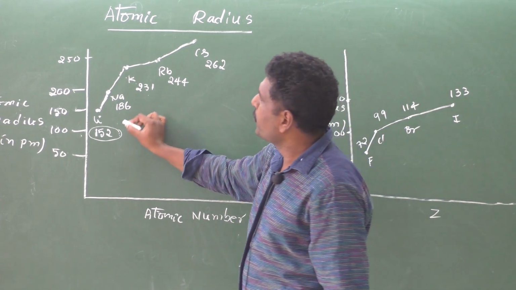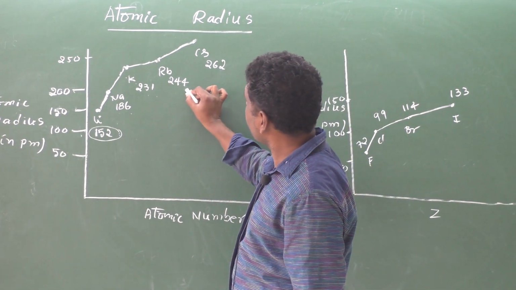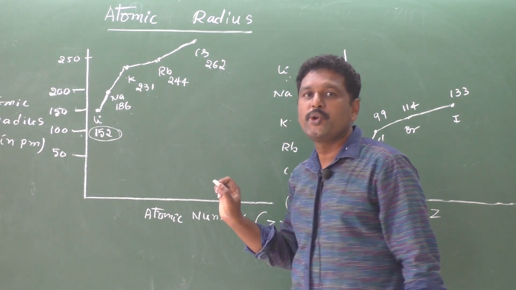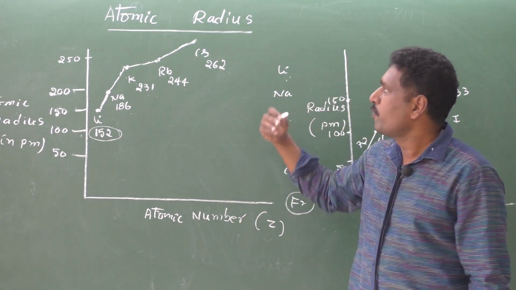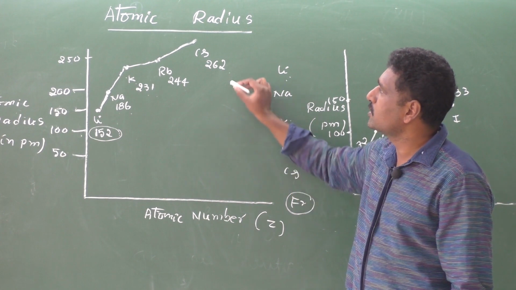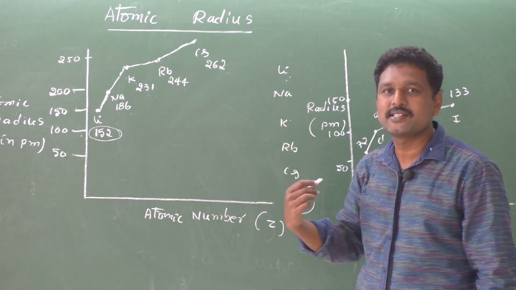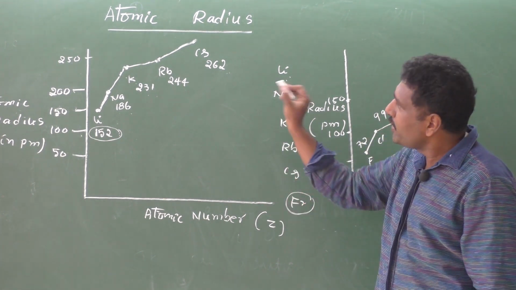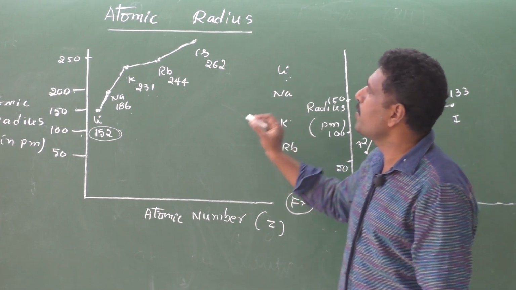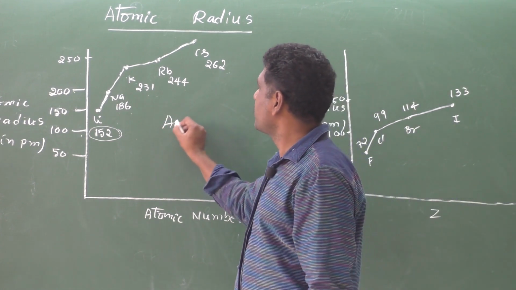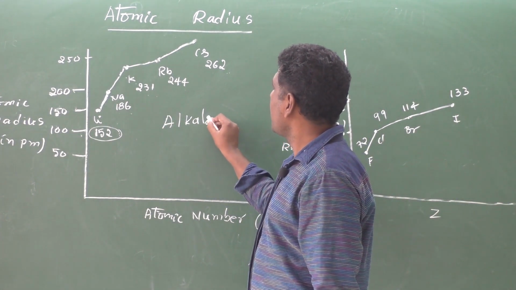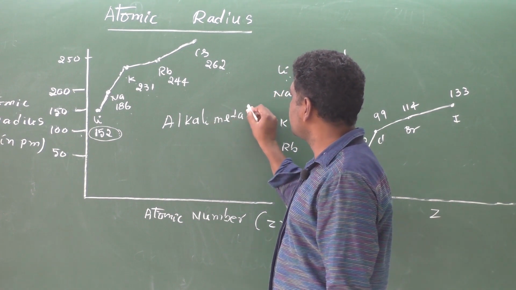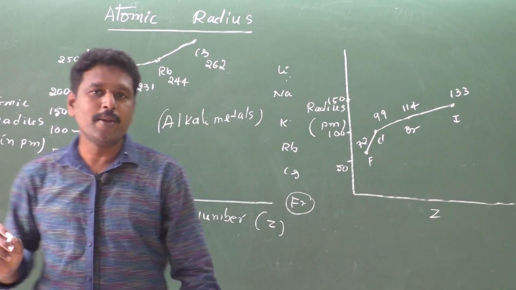So 152, 186, 231, 244 and 262. Which one has the highest atomic radius? Cesium has the highest atomic radius. This is the observation in the alkali metals. Alkali metals means first A group elements.